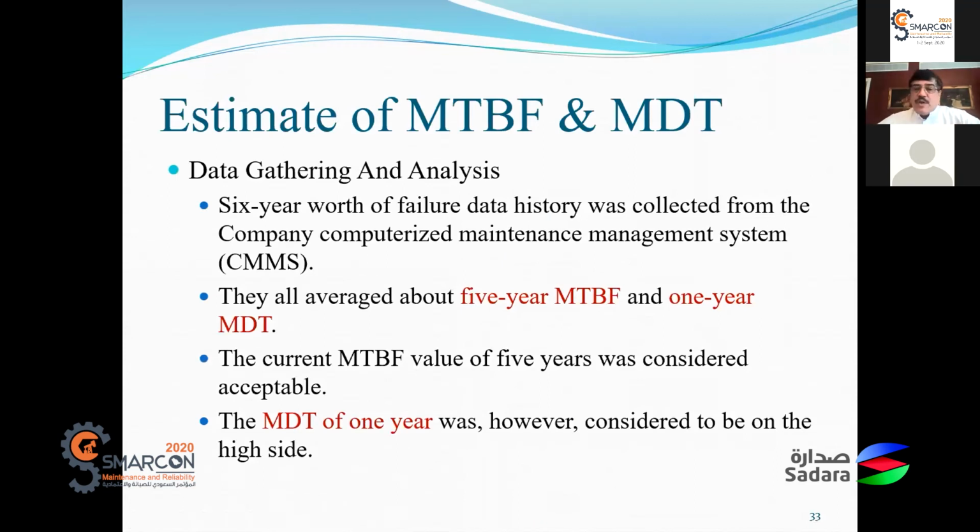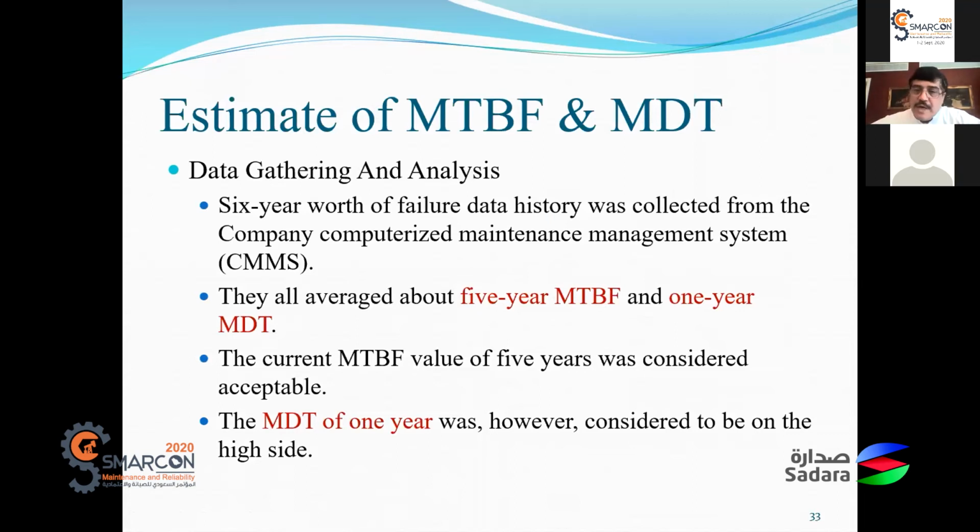So we took the data from the CMMS, data collected over 18 years. We calculated the MTBF and the mean downtime, and the MTBF was 5 years and the downtime was 1 year. So is this good or is it not good?